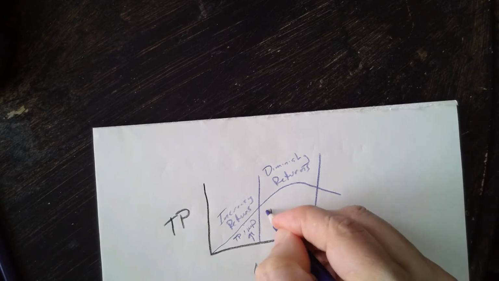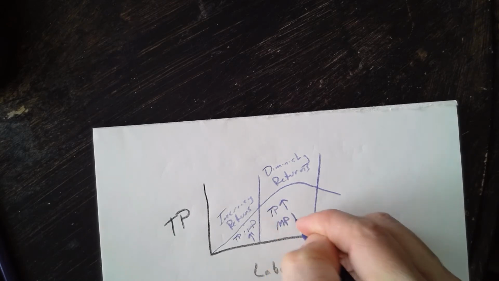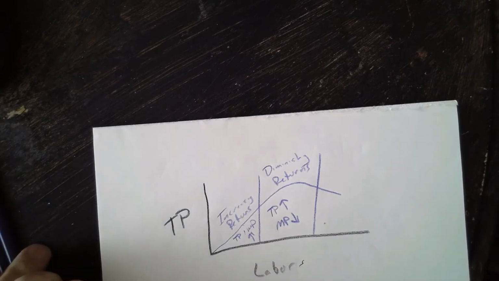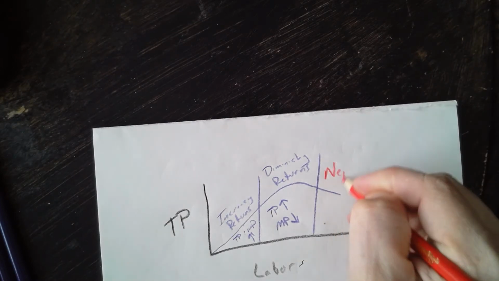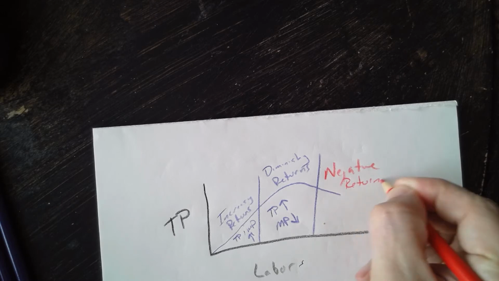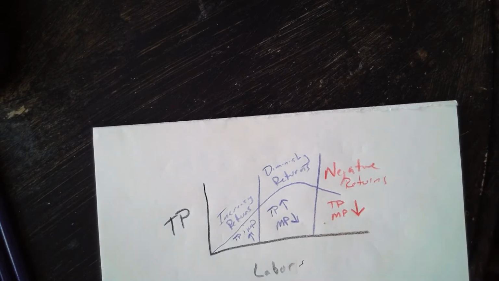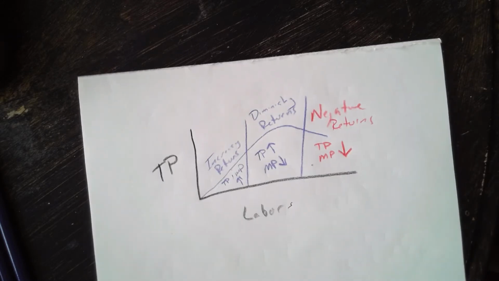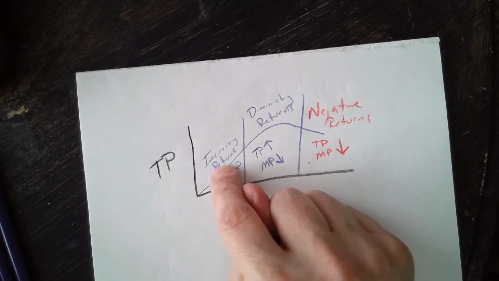Your total product is still going up, but your marginal product is decreasing. And finally, in this area here, this is negative returns. Total product and marginal product are both decreasing.